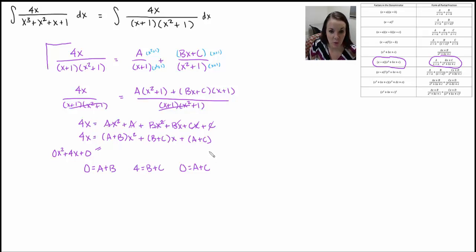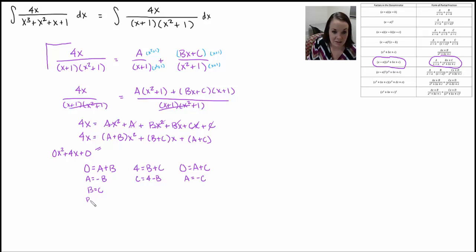So now I have a system of equations that I can go ahead and solve. So I see here that a equals negative b. So if I plug that in over here, I see a equals negative c, which tells me then that b must also equal c. And when I come over here, I see that c equals 4 minus b.